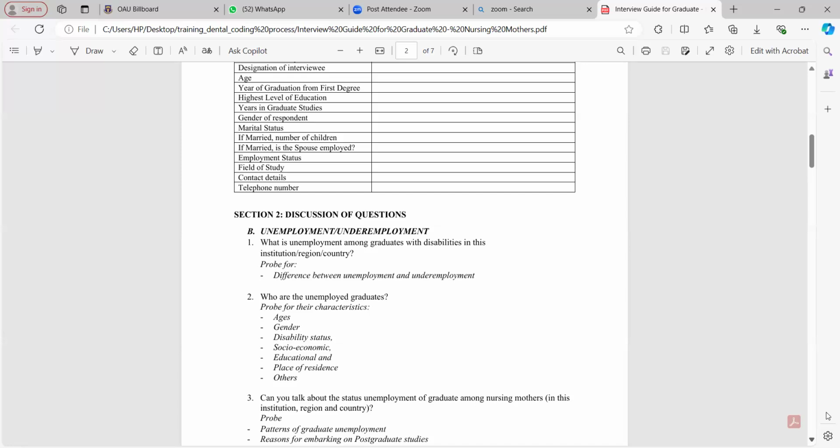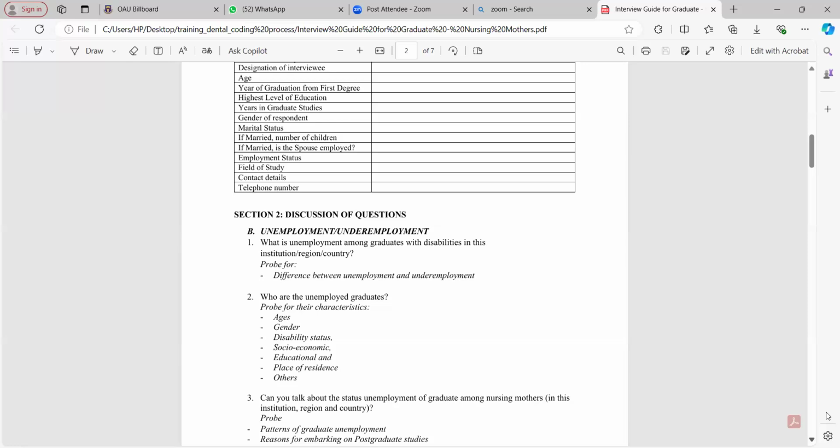Now, having responded, if the respondent has not differentiated between unemployment and underemployment, it was important for this study to probe for the differences between unemployment and underemployment. You know that most people see them as the same, but the study was interested in knowing the differences.